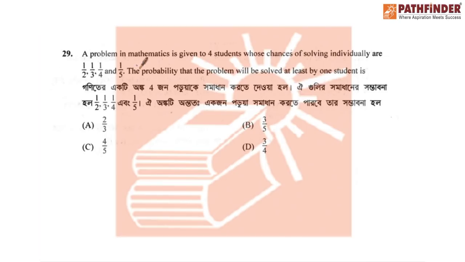A problem in mathematics is given to 4 students whose chances of solving it individually are 1 by 2, 1 by 3, 1 by 4, 1 by 5. The probability that the problem will be solved by at least 1.